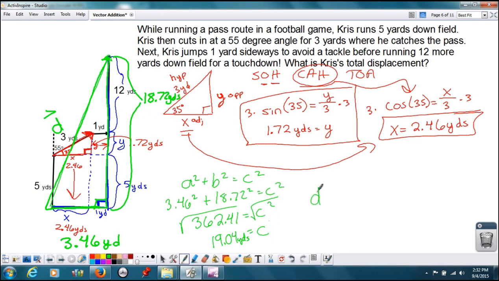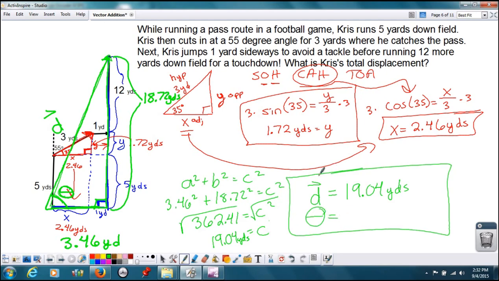So his displacement, Chris's displacement, is 19.04 yards, and we are still missing one thing. We need his direction. So I'm going to go back over here. I'm going to label this angle as theta in the diagram. And I'm going to find that angle and then write it down over here. So, to find theta, I'm going to pick two sides. Doesn't matter which two, we've got all three.